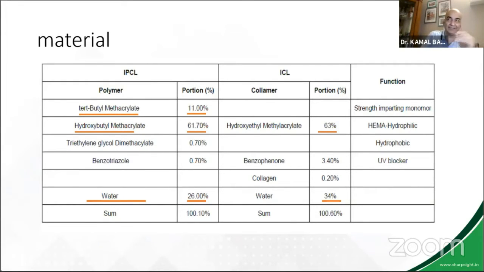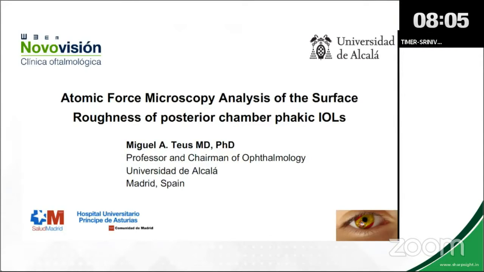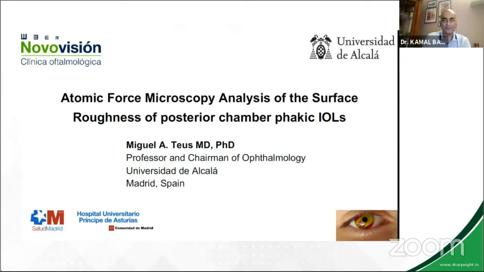That is the reason that in the V2 model, even with a bad vault, you will not get a vault lesser than 450 or so, because the rigidity of the material doesn't let the IPCL collapse, of course, unless you have a high lens size. Now, I will concentrate on the benefits of using this highly rigid material, what they do to the structure and the surface of the lens.